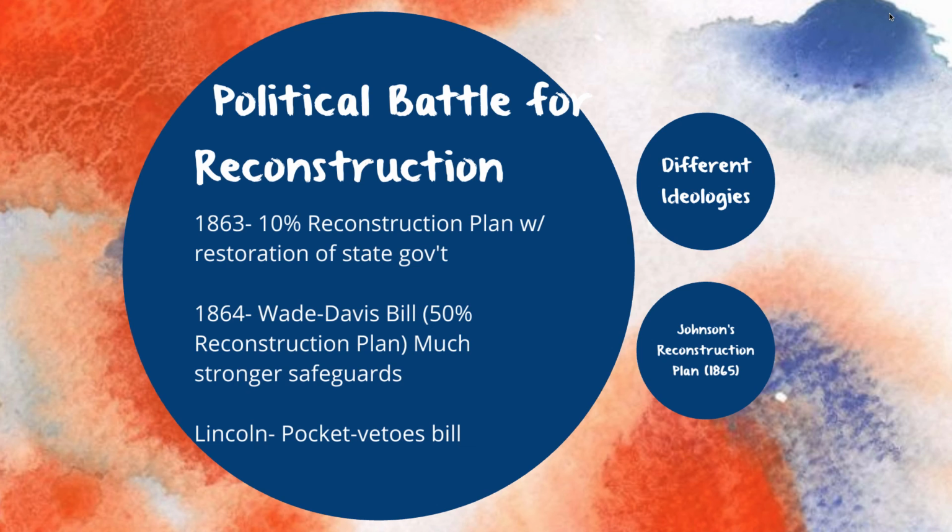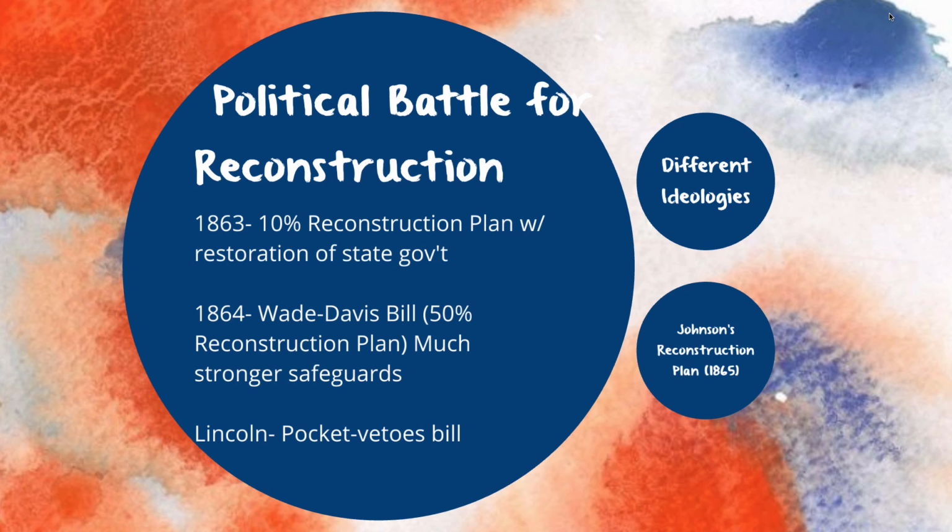However, radical Republicans did not like his plan because they thought it wasn't strict enough on these southern states. And so he wants this 10% plan, but Congress essentially answers him back by passing the Wade-Davis bill, which asks for a 50% Reconstruction plan.